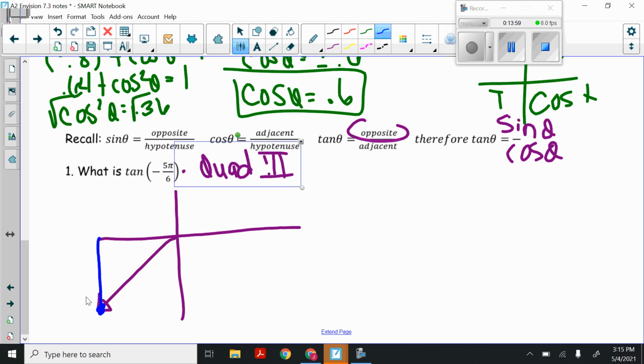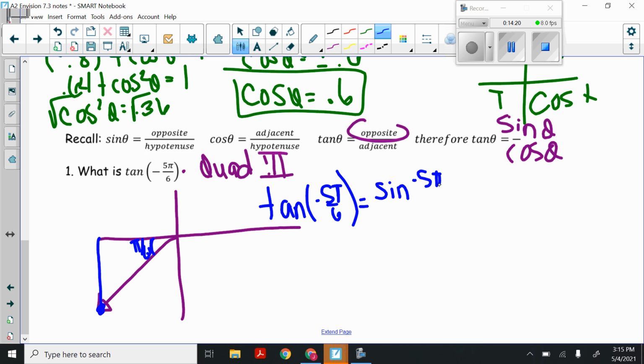What reference angle are we looking at right here? If I'm looking at negative 5 pi over 6, then this is a reference angle of pi over 6. So I could say that the tangent of negative 5 pi over 6 is really equal to the sine of negative 5 pi over 6 over the cosine of negative 5 pi over 6.